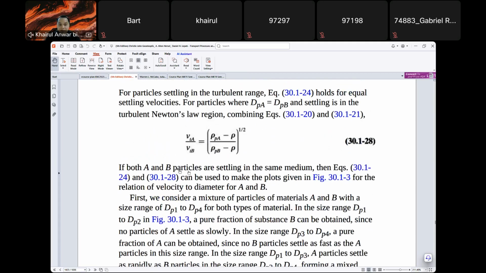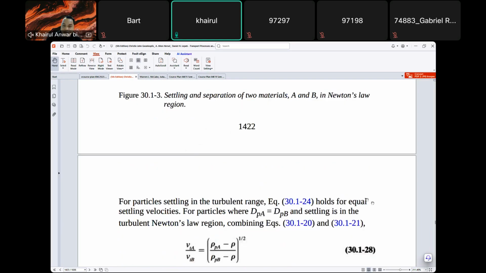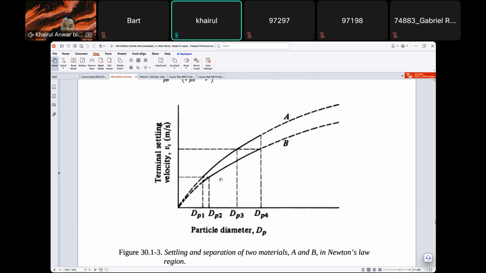So if both A and B particles are settling in the same medium, then equations 30.1-24 to 28 can be used to make the plot given in figure 30.1-3 for the relation of velocity to diameter for A and B. So 30.1-3 refers to this figure.